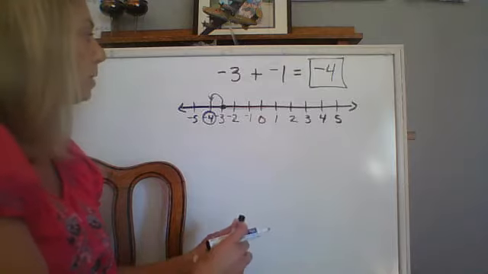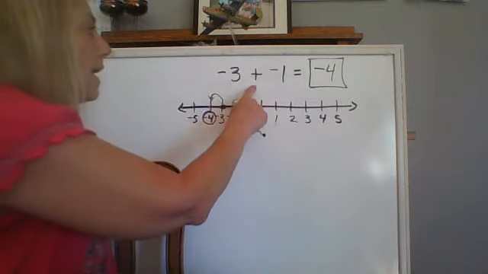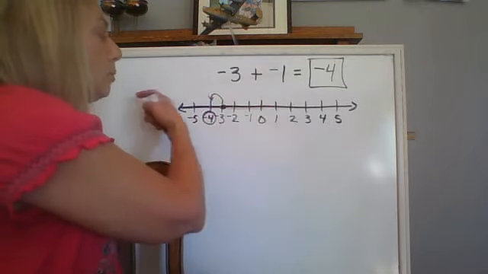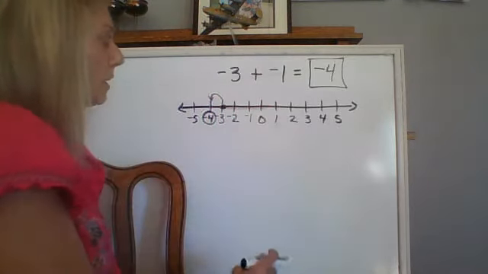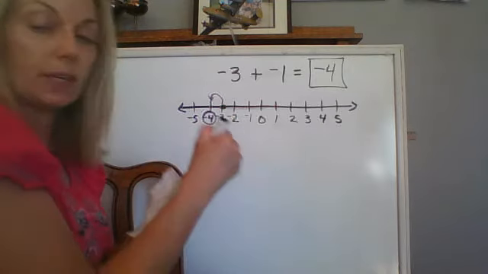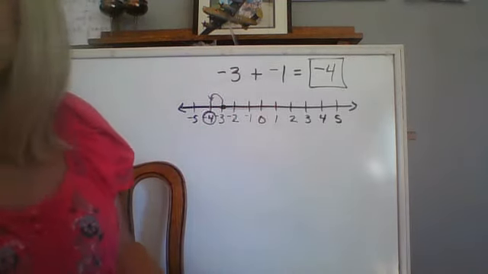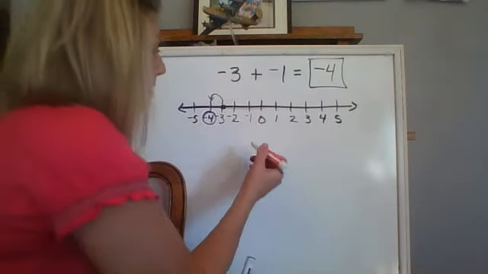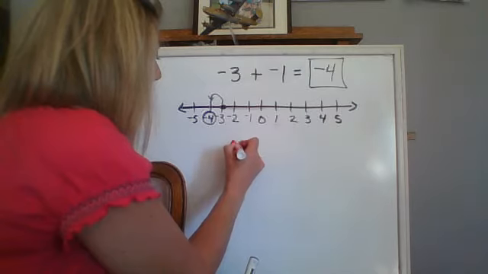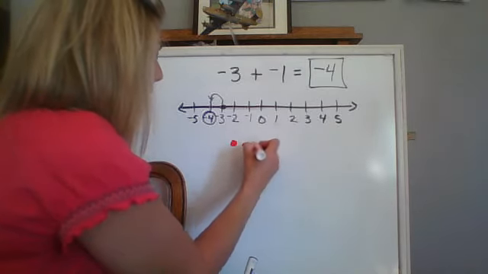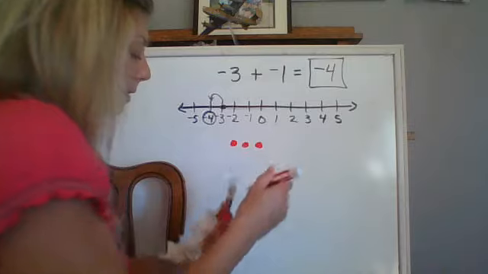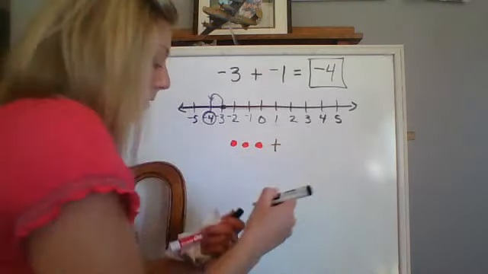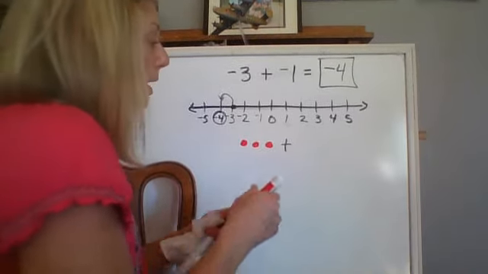Okay, so on a number line, it's a little bit different because when we add, you think you're going that direction. But when you're adding a negative, you're going to be going in the negative direction. So one way that I look at this, if I was using beans, just so it makes a little more sense, is let's say that I've got -3, and I'm adding another -1.